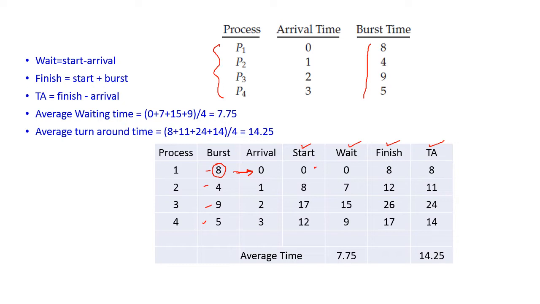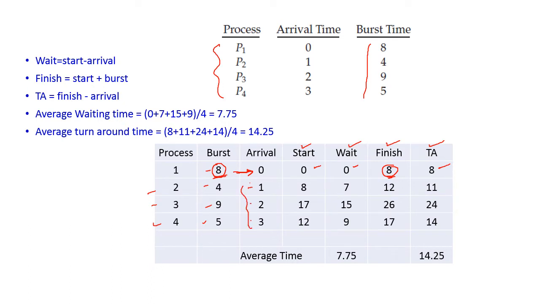So starting time 0, waiting time is 0, finishing time is 8, because the burst time is 8, and turnaround time is 8 also. Before this 8, how many processes are available in the ready queue? All the other processes came, with arrival times 1, 2, 3 milliseconds.